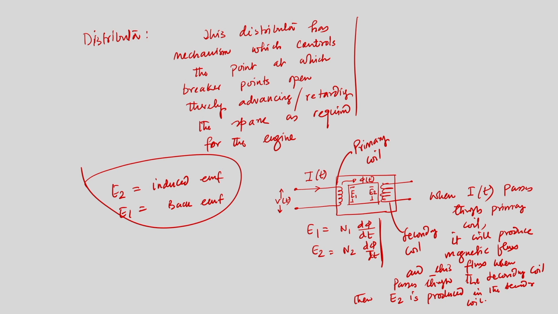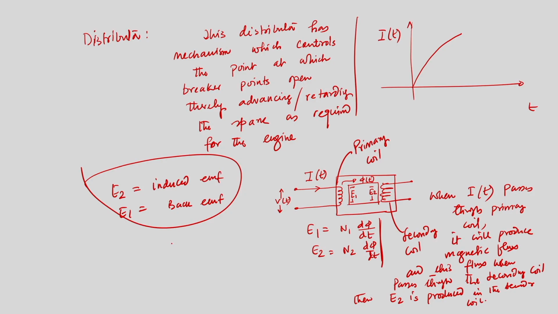As a result, if we try to draw the current I, which is a function of time, versus time, it will be like this. It is not a straight line, rather it will be a curve, and we have understood that it will take some time for the development. That means the back EMF will try to oppose the primary current to flow, and as a result it will take some time for the development.